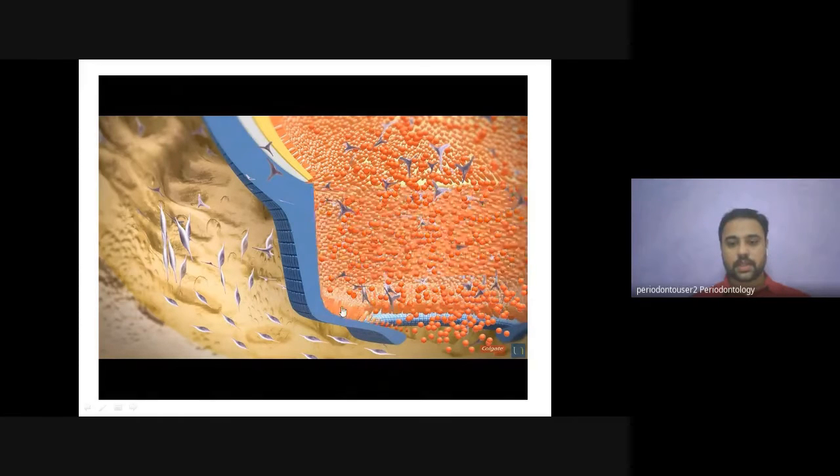Can you see this? The odontoblast, and a lot of attached proteins will be there. Hertwig's epithelial root sheath will interfere right now. A lot of proteins are important to develop a cementum.